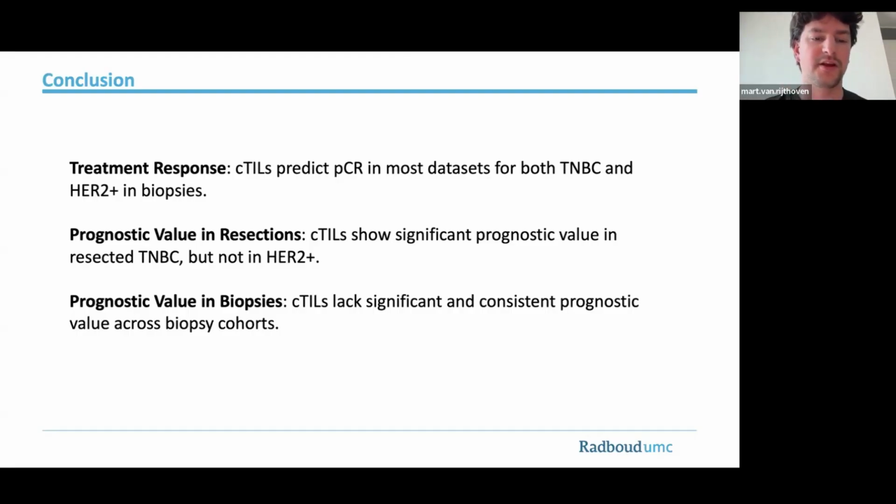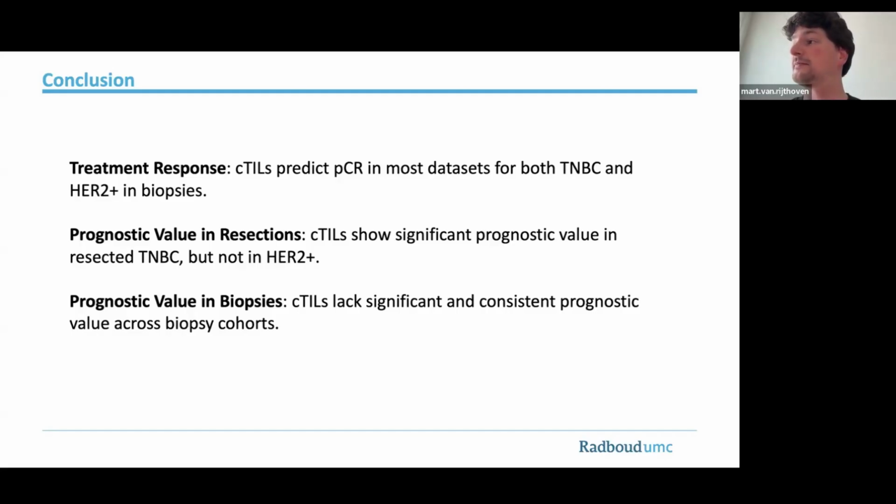And for prognostic value in biopsies, we actually saw that CTLS lacks significant and consistent prognostic value across biopsy cohorts. One reason could be that for biopsies, it's a bit more difficult to define the tumor bulk. For resection, it's often easier. So that could be a reason.